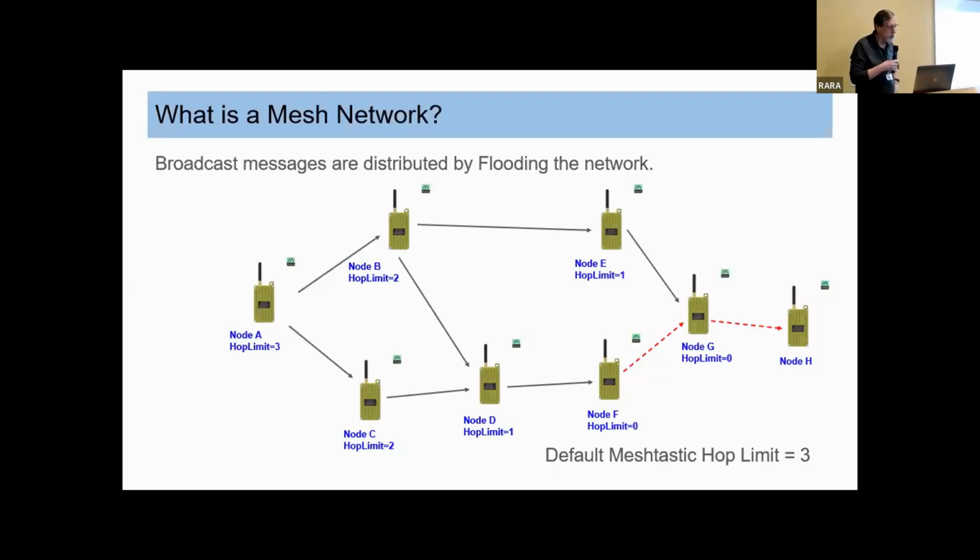So what I wanted to do is talk about this one as an example to walk you through how the mesh network works. In this example, I should say, it's using what's known as flooding. So a node sends a message, which gets received by other nodes that then send it out again. And then they send it out again.